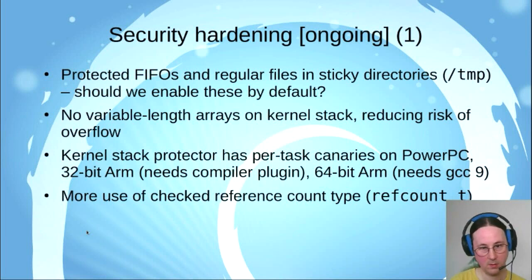So, new features. Security hardening is an ongoing process that's both hardening the kernel against security exploits from user space and also providing features so that user space processes can be better protected from exploits. One of these that we enabled a few years back was protecting symlinks and hard links created in sticky directories like /tmp.